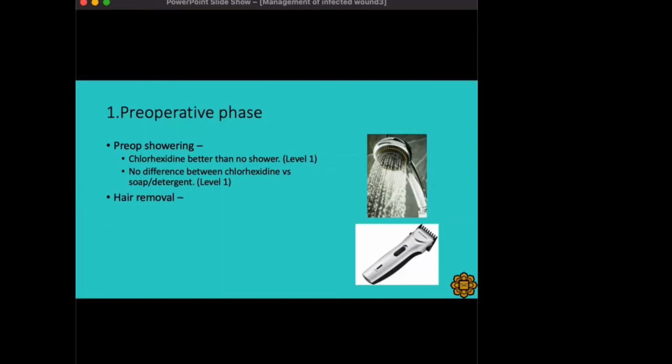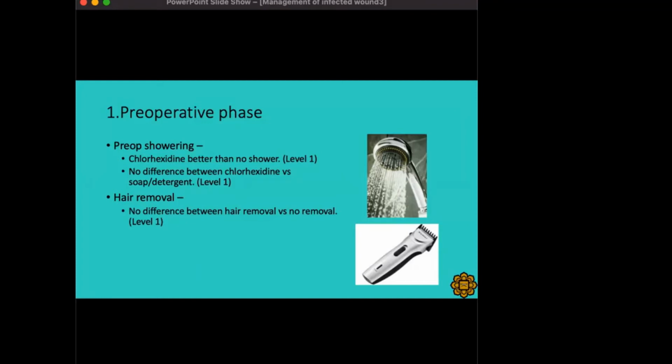Hair removal, for example, if the area that you're going to operate on has lots of hair, there's actually no difference between hair removal versus no removal. So I find, for example, for operation at the scalp, I tend not to remove hair, but some surgeons, probably because of the ease of the operation, prefer to shave it off.